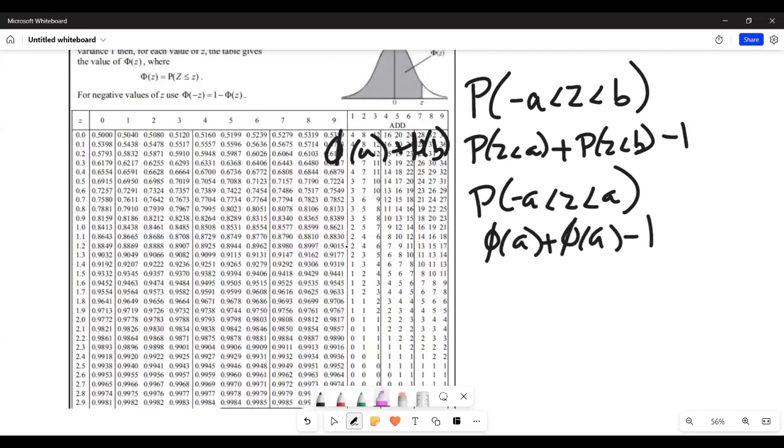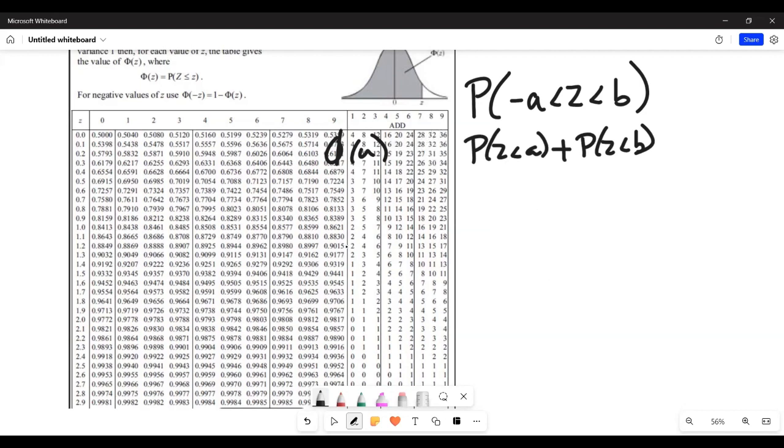The shortcut is to write phi a, so then it becomes 2 phi a minus 1, and you equate it to whatever the probability is given, and then you send 1 to the other side, divide it by 2, and whatever value you get, you find that in the table.